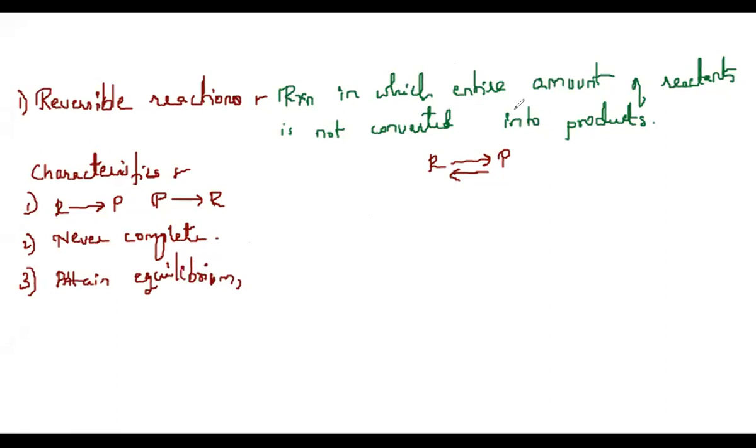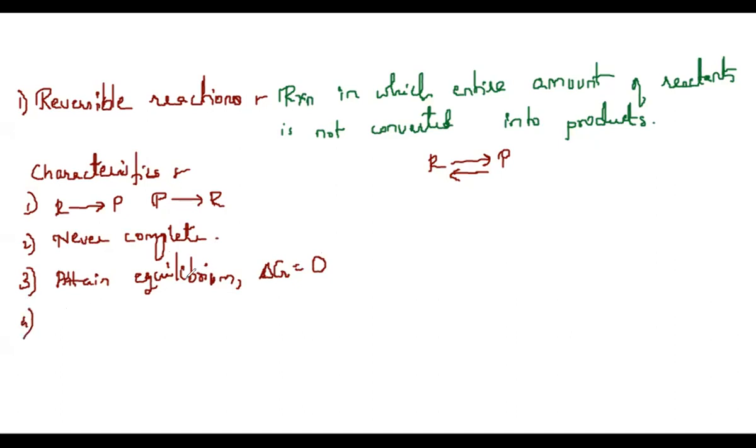And we know that for any reaction at equilibrium, the Gibbs free energy change is equal to 0. Therefore, reversible reactions have the tendency to attain the state of equilibrium where the Gibbs free energy change is 0.